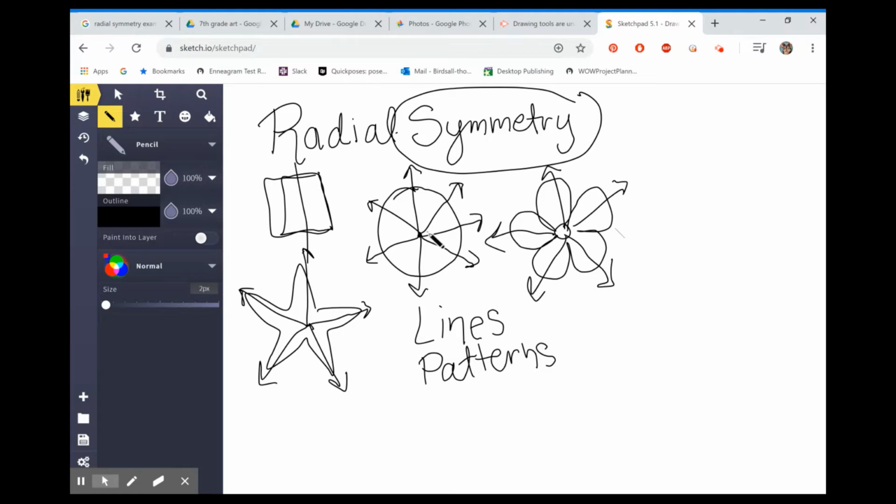I recommend that you start in the center and find things that match going outward. You might have to decide, are you going to do 6 things that radiate out? Are you going to do 8 things that radiate out? Think about that while you're collecting.